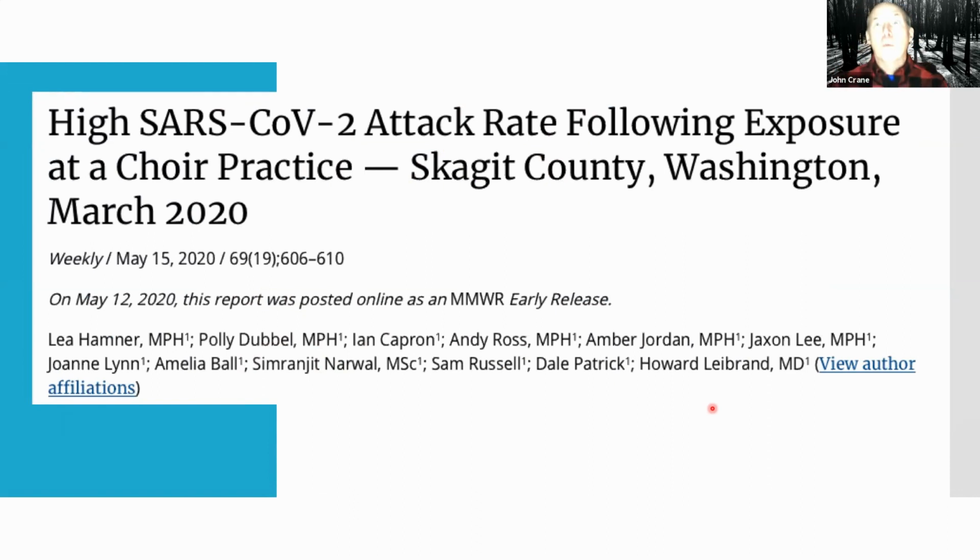So pretty big choir. We would love it if we had half that many people in the choir at our church. Also, the choir practice went on for 2.5 hours. At our church, I think people started getting restless after about 1.5 hours. And so this is a big choir, and they also practiced for a long time together.